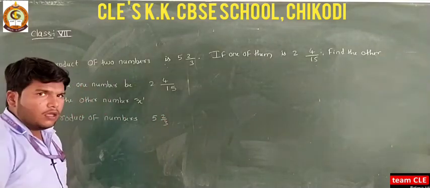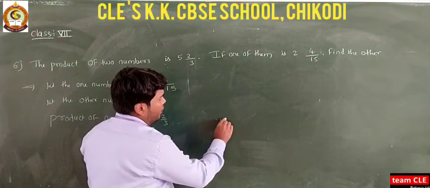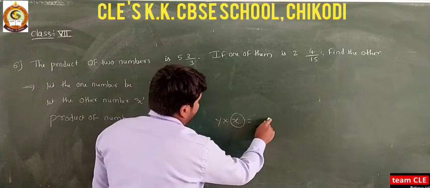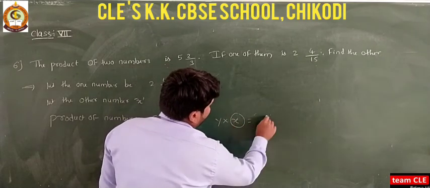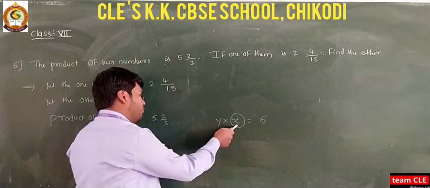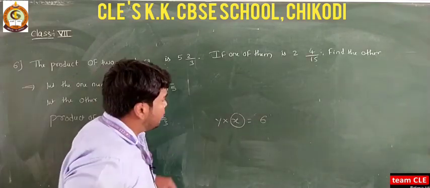So one number is given as y, and x is not given, you need to find it. As one example, one number is y, one number you need to find, the product of y and x is 6. Like this the given question says.